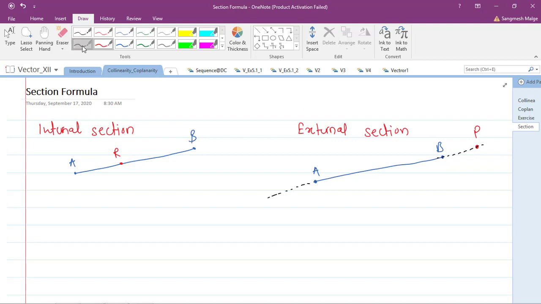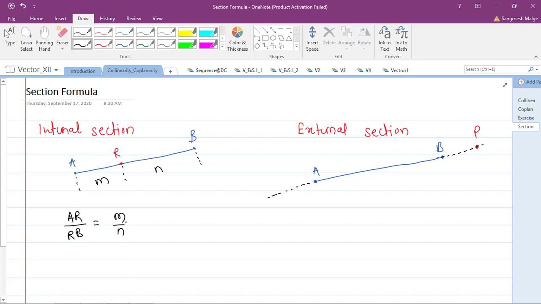Now this section has to be of some length. Suppose this AR length is equal to M, and suppose this RB length is equal to N. So what you can say from this figure is AR by RB is equal to M by N. Yes or no?